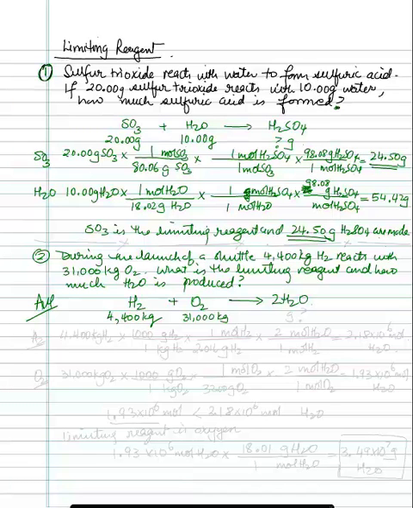I'm not going to take it all the way to grams of the product. I'm going to do this slightly different, and you can do it either way you want. You want to do the first one or the second one, it's up to you. So let's go ahead and start with hydrogen then. We have 4,400 kilograms of hydrogen. Convert that into grams.